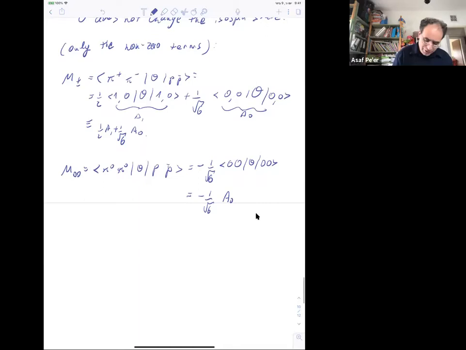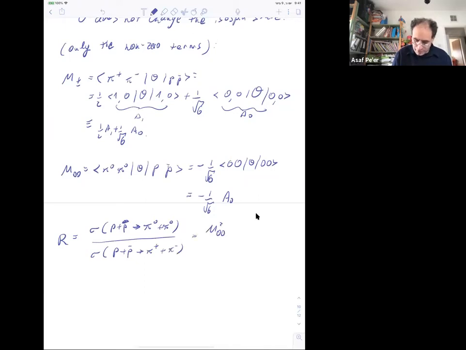So the ratio of the cross section of P plus anti-P going into pi 0 plus pi 0 divided by the cross section of P plus anti-P going into pi plus pi minus is just m00 squared divided by m plus minus squared, so just 1 over 6 A0 squared divided by 1 over 2 A1 plus 1 over square root of 6 A0, squared.